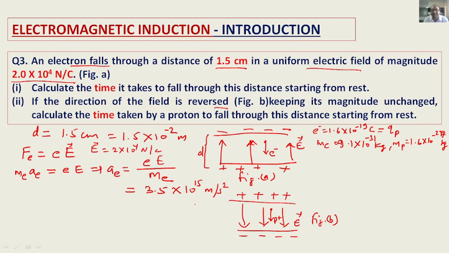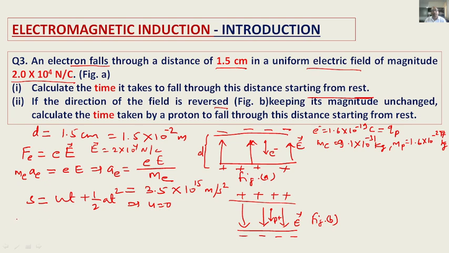Now we will utilize the equations of motion, that is s is equal to ut plus half at square. Now you see here it is starting from rest, so u is equal to 0.